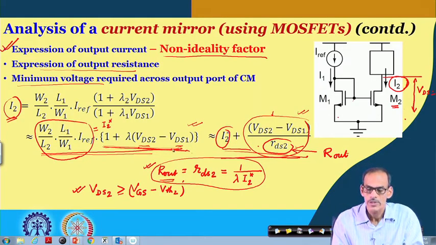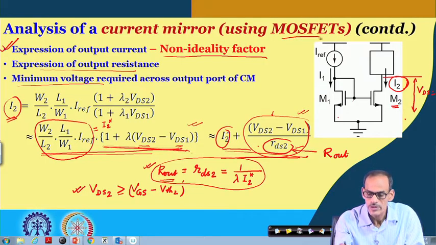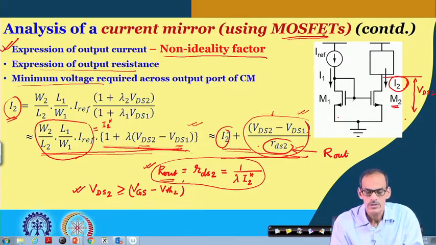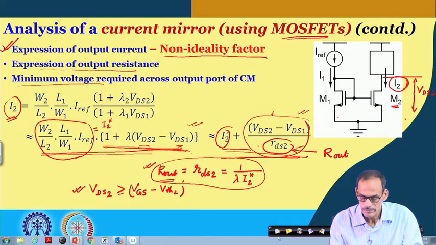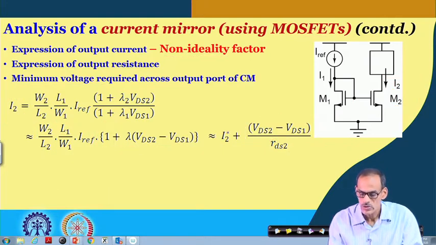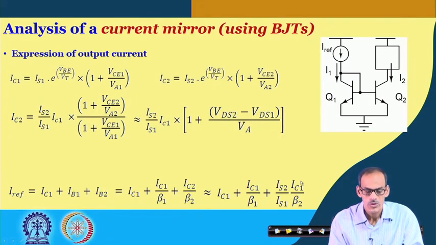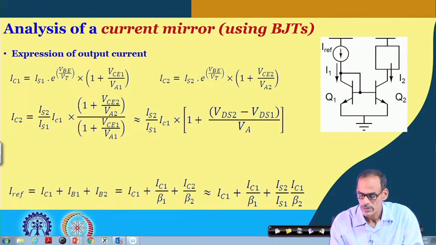Okay. So, similar to the current mirror using MOSFET, let us consider the current mirror using BJT transistor. So, here is the circuit. There also, first we can derive the expression of the output current, namely this current I 2.